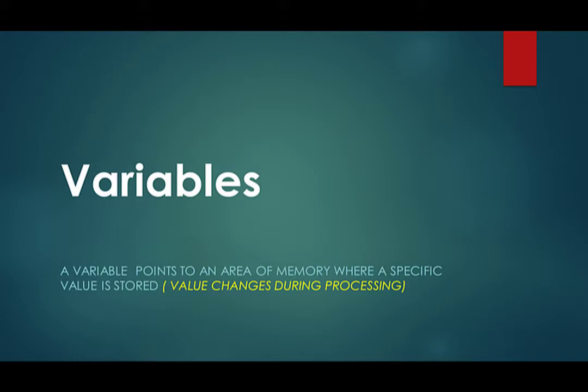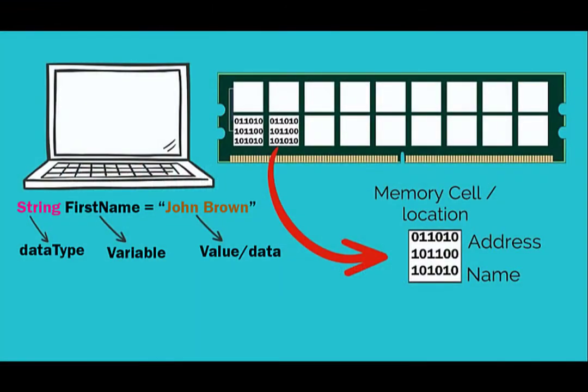So basically, data is stored in the form of zeros and ones, which is not easily understood by normal human beings. So we use variables to point to those areas in memory where we have a particular set of data stored. So a variable acts as a label for a data, right?